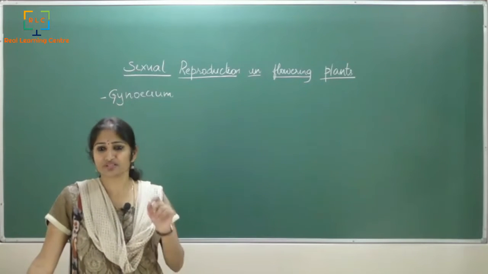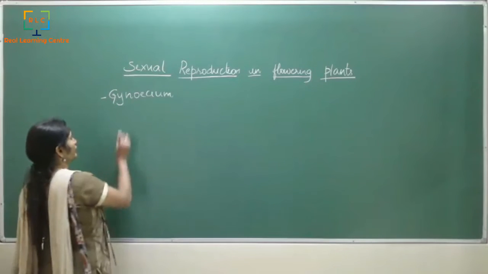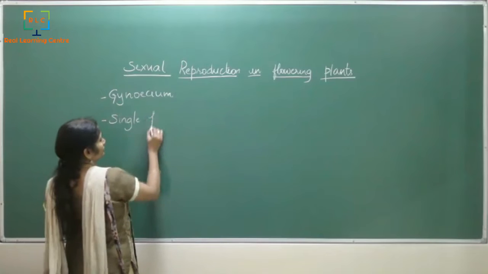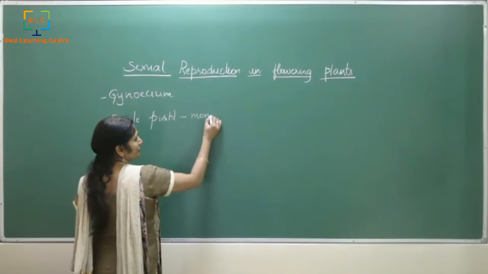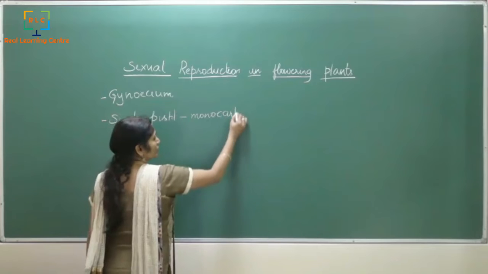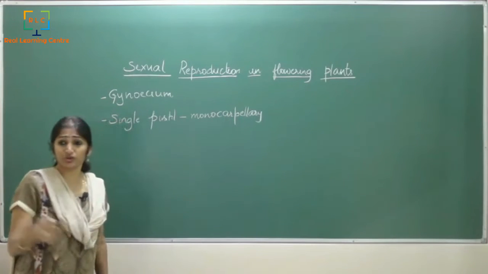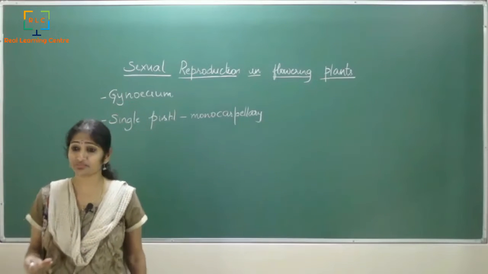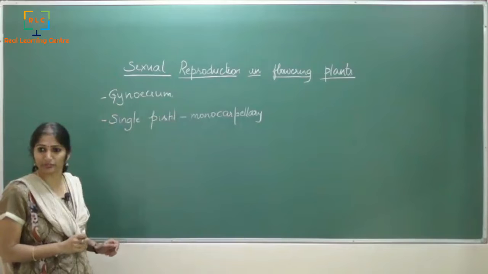Now this gynoecium might have a single pistil. If it has a single pistil, we call that monocarpellary. But not all of them can be monocarpellary. A typical flower we saw had only one pistil, so you can call that monocarpellary.